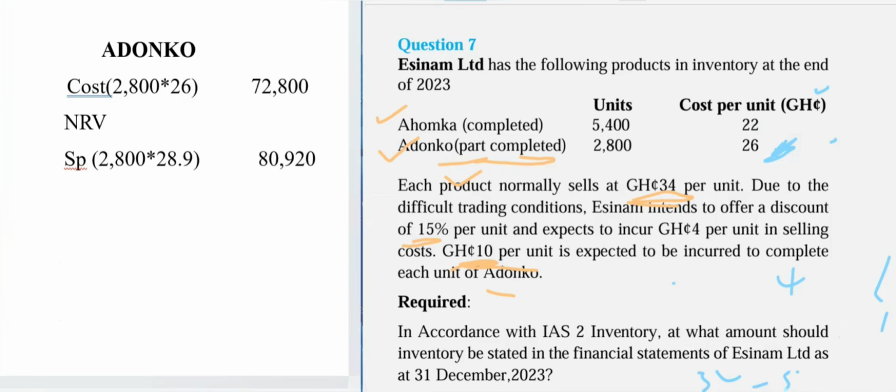Then cost to sell, 2,800 units. The cost to sell is 4 cedis per unit, so we multiply 2,800 by 4, and then that will give us 11,200. And then we have to deduct this one as well.